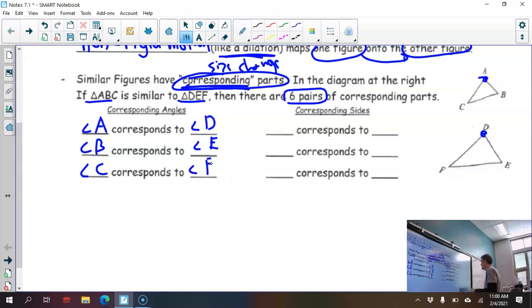And then we've got the corresponding sides. Side AB corresponds to side DE. Of course, side BC corresponds to side FE.